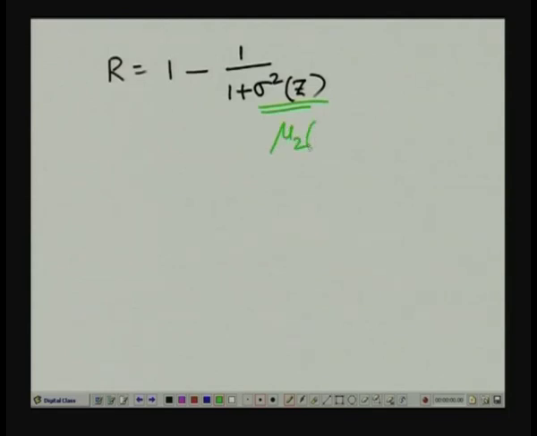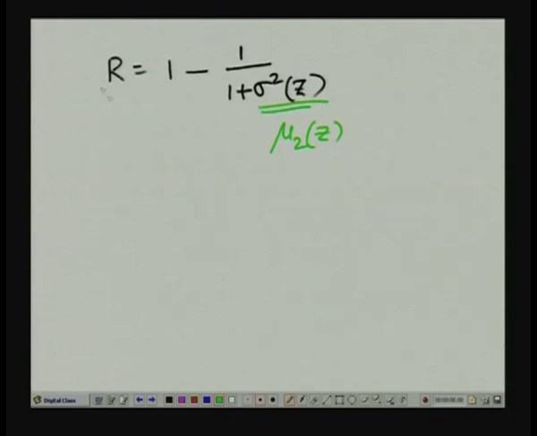So, we can define an important texture descriptor like this: R is equal to 1 minus 1 upon (1 plus sigma squared z), and as we said, this sigma squared z is nothing but mu_2, the second order moment.